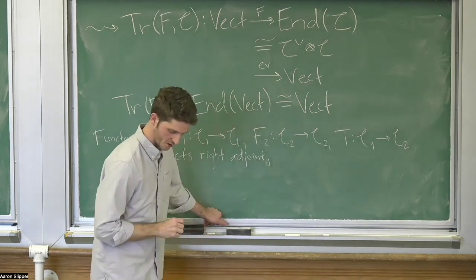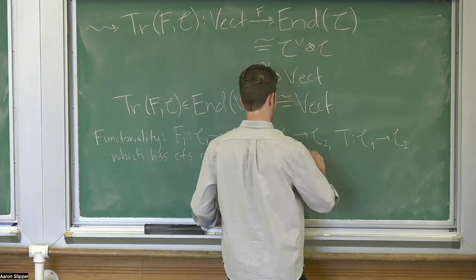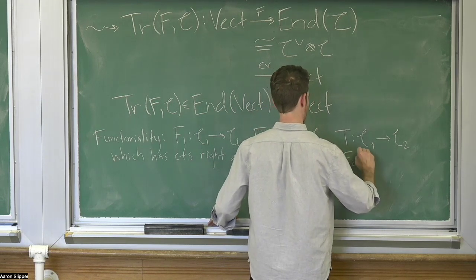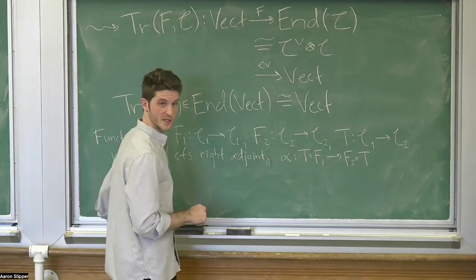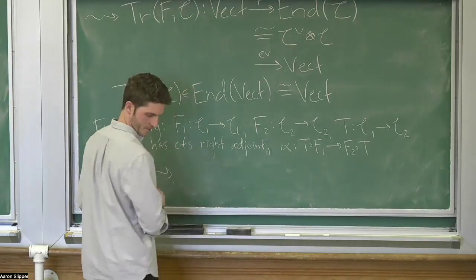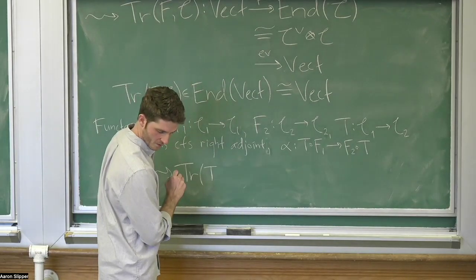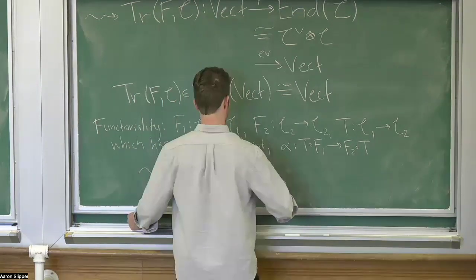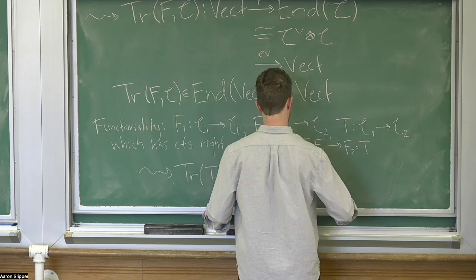And then the last piece of data that I'll need for this functoriality is a natural transformation alpha, which goes from T composed with F1 to F2 composed with T. So this is a natural transformation of functors from C1 to C2. Suppose that I'm given all of this data. Then, again by some formal nonsense, I get a linear map, which I'll call the trace of (T, alpha), from the trace of F1 acting on C1 to the trace of F2 acting on C2.